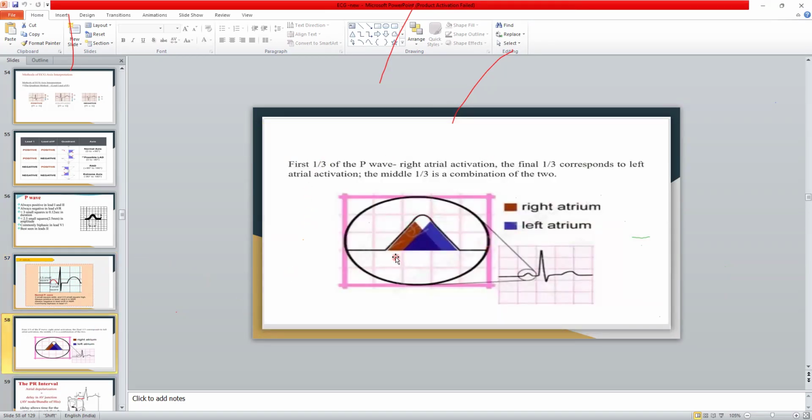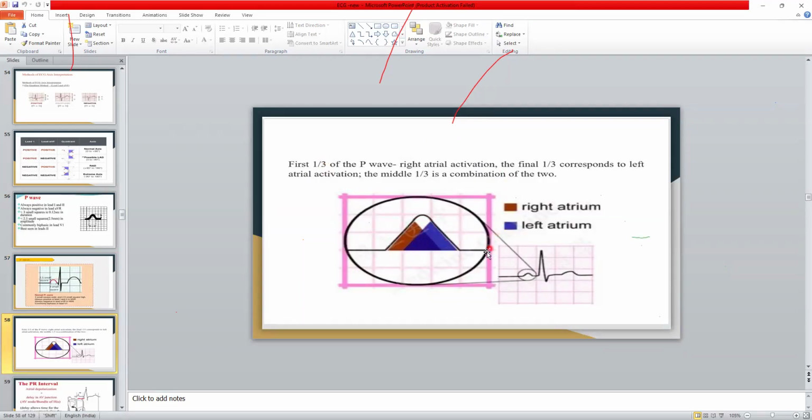This P wave is divided into three parts. The first 1/3 of the P wave denotes the right atrial activation, or right atrial depolarization. And the final 1/3 corresponds to the left atrial activation, whereas the middle 1/3 is the combination of two.